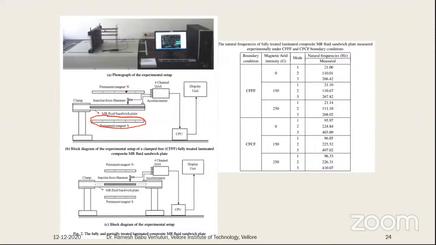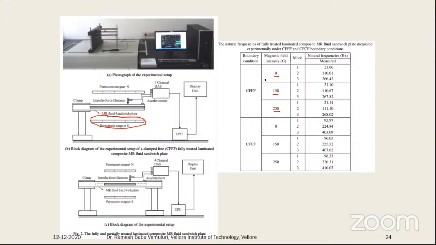So that is how we can alter it. There is zero magnetic field when there are no magnetic plates, 150 Gauss with a large distance, and when the distance is reduced, 250 Gauss. At these different positions of the magnetic plates, we took readings, and the first three natural frequencies have been noted down.